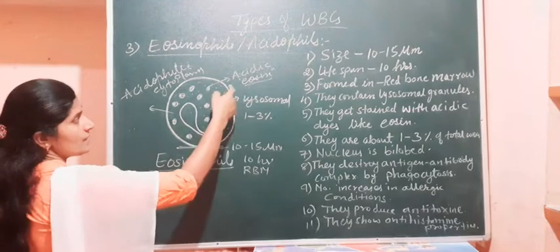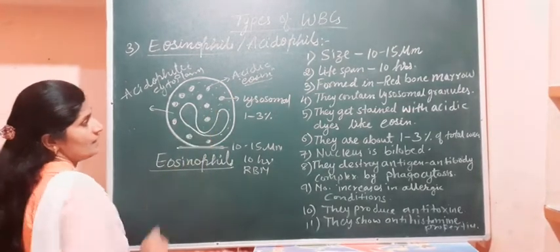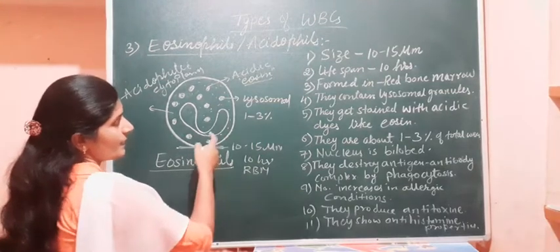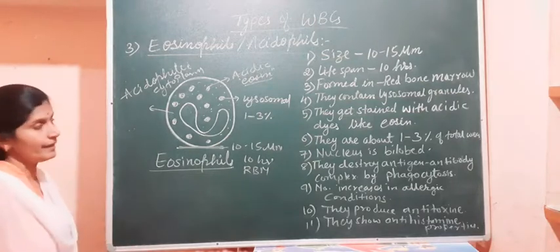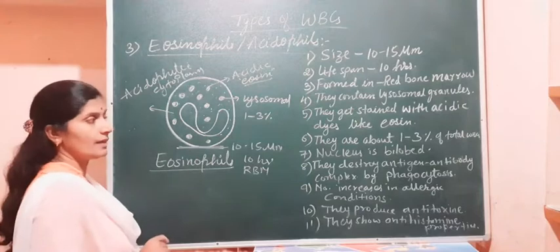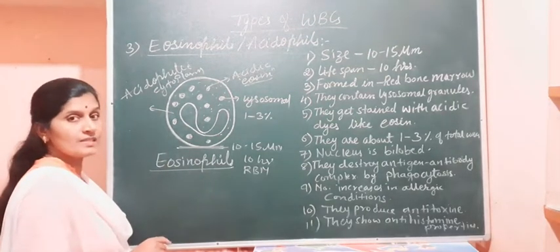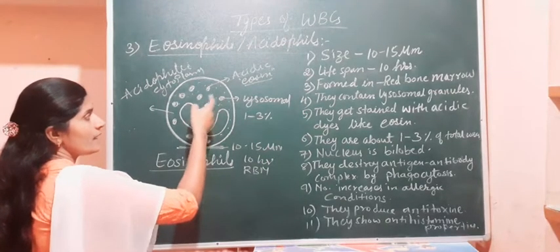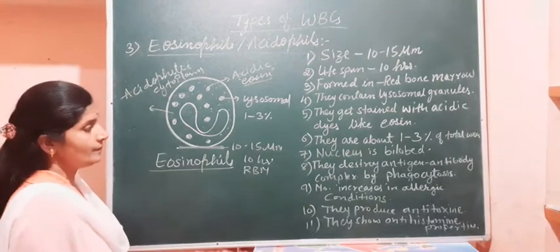That is why it gets stained with acidic dyes, and the cells look red in color. Eosin is red in color, and in basophils methylene blue was blue in color. Here the granules get stained red.